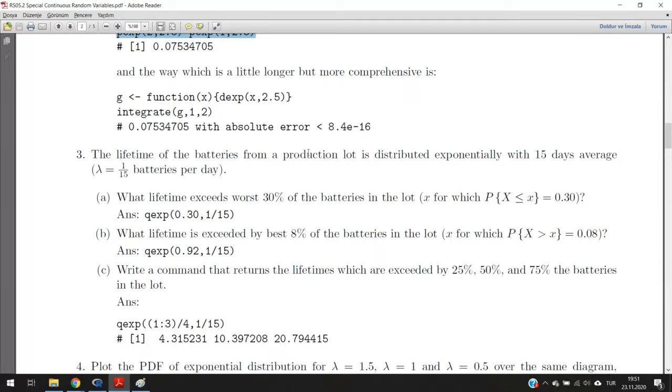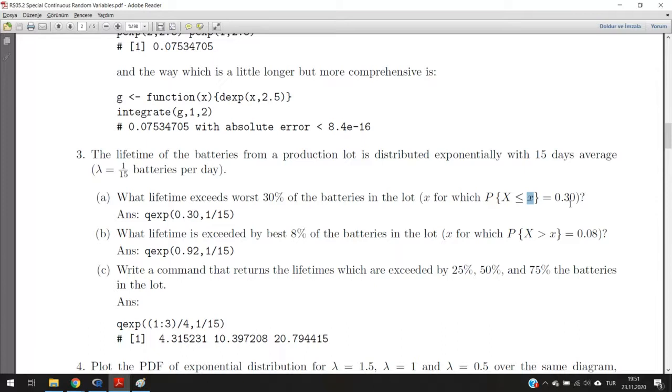It says, so this is a very large production lot. It says what lifetime exceeds the worst 30% of the batteries in the lot. Okay, which means 30% of the batteries are going to have a less lifetime than this certain value, and the remaining 70%, the better 70%, are going to exceed this lifetime. So it is basically asking the certain lifetime X for which the lifetime of the batteries are going to be less than or equal to this with 0.30 probability only.